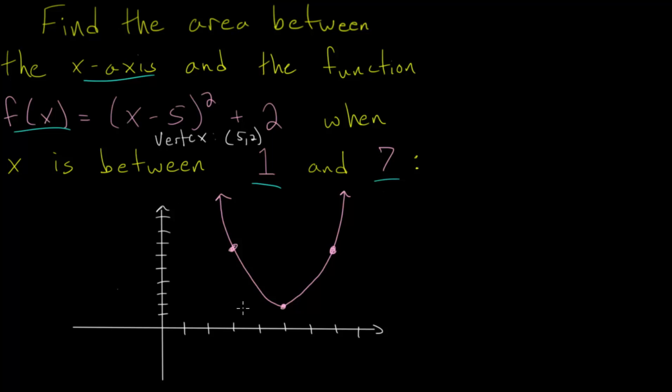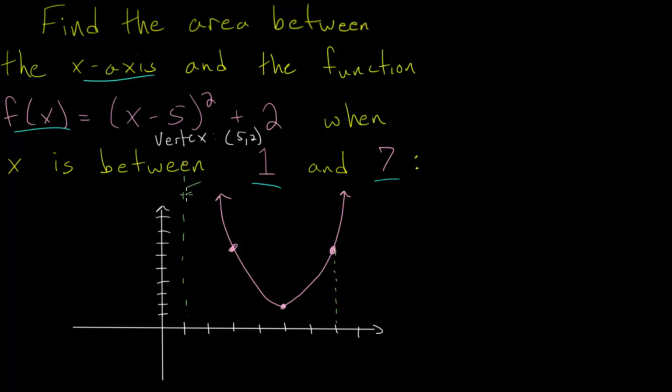We need to find the area between the x-axis and the function when x is between 1 and 7. So let's draw some boundaries in here. We know that we're looking at the area between the x-axis and the curve, but we're cutting it off at an x value of 7 and an x value of 1, so it's going to be hard to perfectly visualize this.